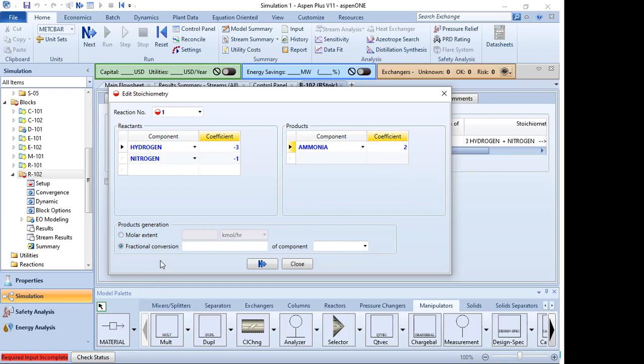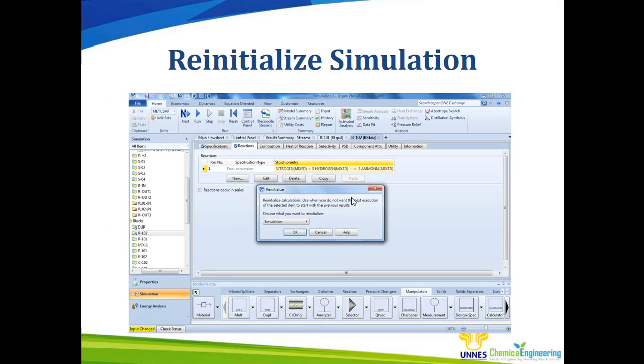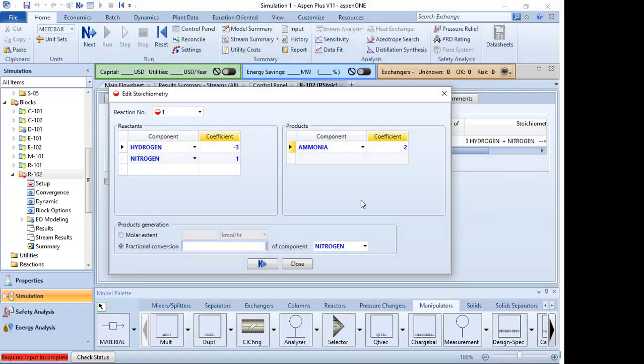And then in here, you can type the fractional conversion, which is nitrogen, and the value is this one, 0.41656. This one is a calculated nitrogen conversion, which is 0.8 times the equilibrium conversion.